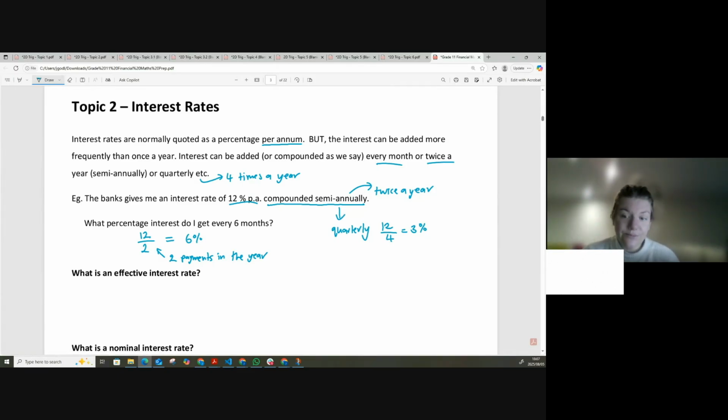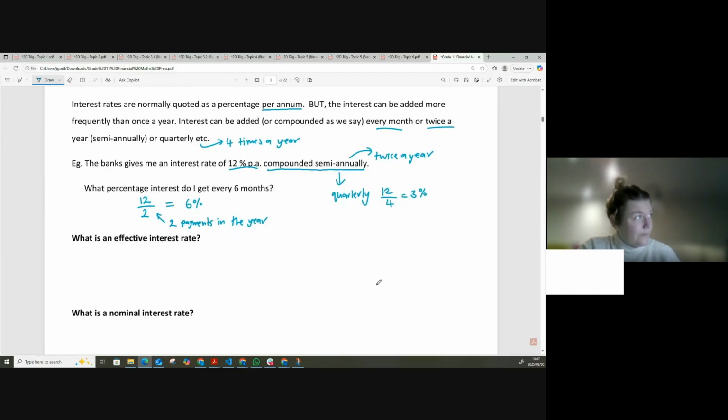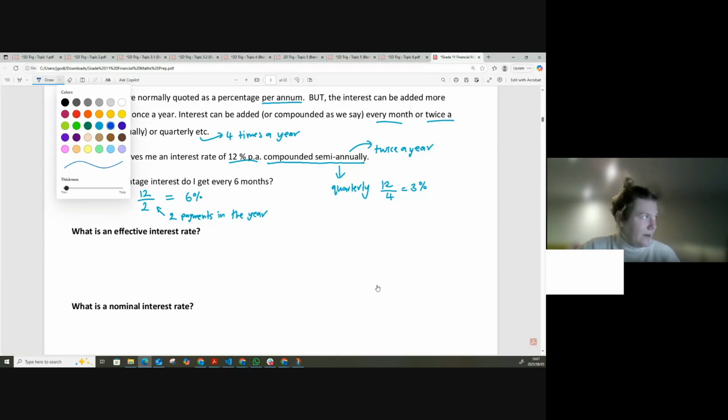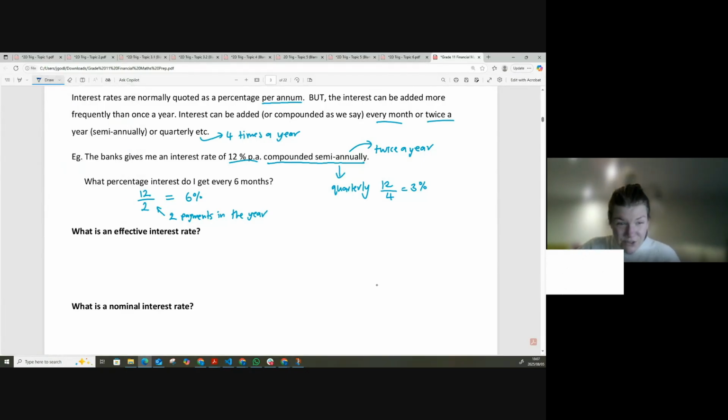Okay. Good. So this breaks into 2 different types of interest that we speak about. Effective interest rate means that our time periods match, essentially.